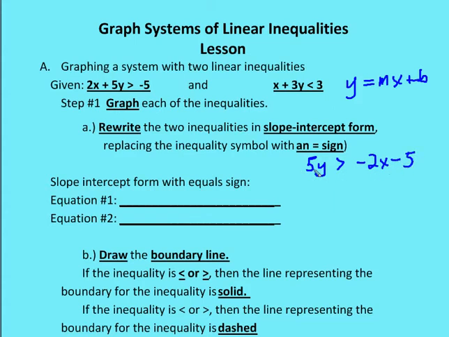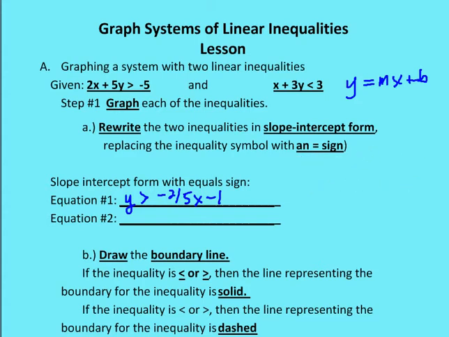And then I'm going to divide both sides by 5, and I end up with y is greater than negative 2/5 x minus 5 over 5, or minus 1. So I'm going to write that here in this area that I've provided for us. y is greater than negative 2/5 x minus 1. And then I'm going to erase the work that I did here and work on the second equation.